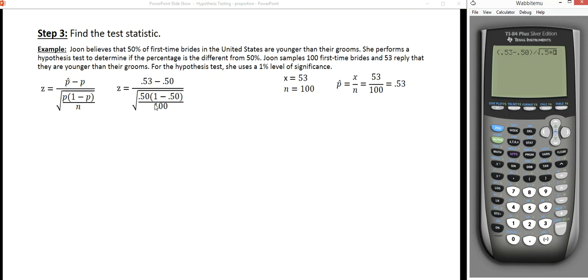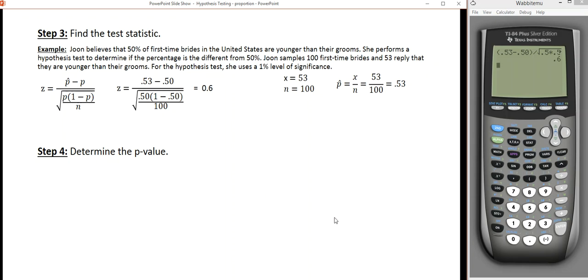Now, instead of putting in the 1 minus 0.5, I'll just do that in my head. So 1 minus 0.5 is still 0.5, so I'll put in the 0.5. You can put in the whole thing, but I just think it's easier to do that subtraction in our head. Divide by 100. We'll press equals, and we get 0.6. Okay, so let's write that down. So now we have our test statistic.